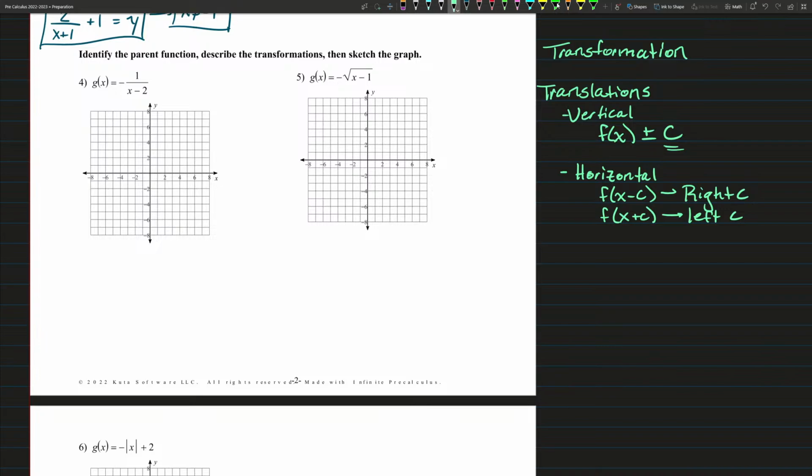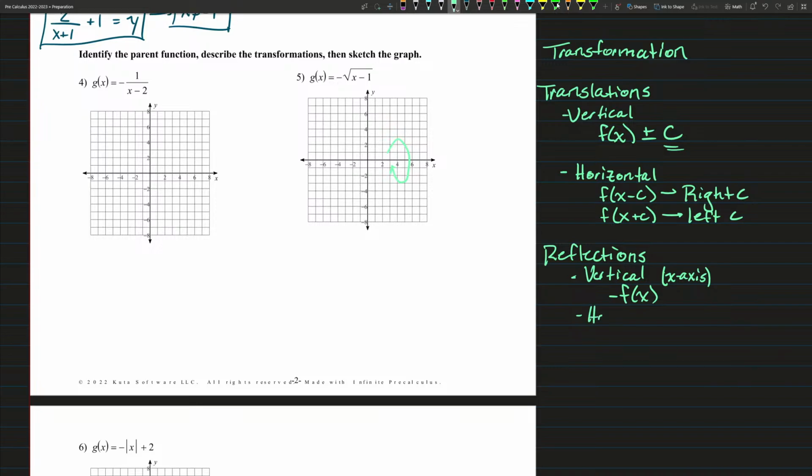And the other ones we looked at are reflections. Again, there's vertical, which is about the x-axis, right? So we'd be going this way. We're making all of the outputs negative.